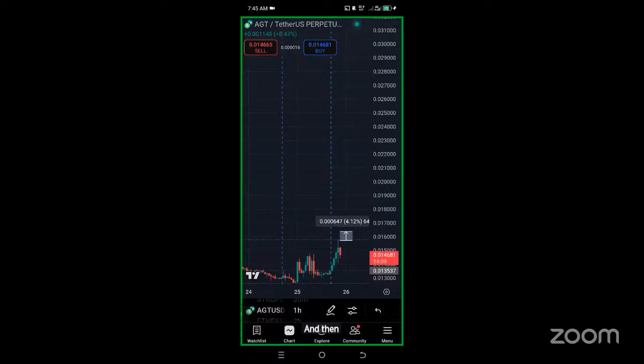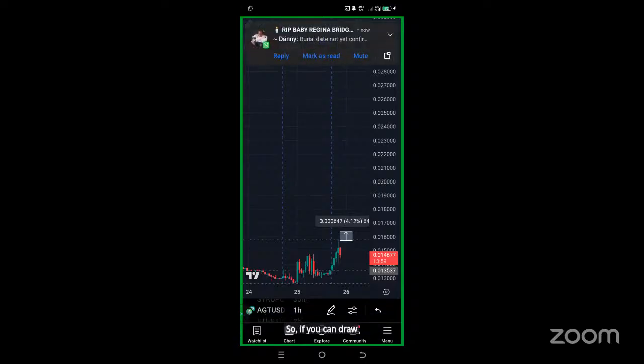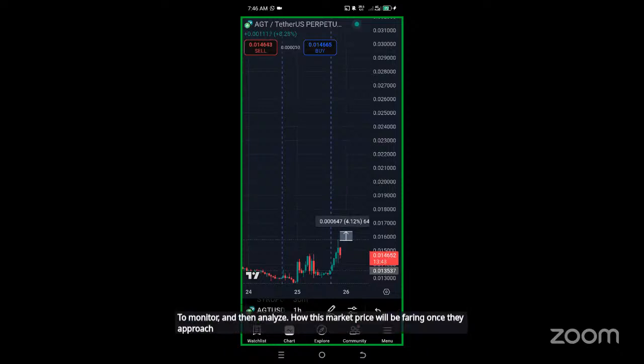And then we try to have a picture of what the most likely future price movement will be like. So if you can capture that movement very correctly based on the previous performance, then it will be easier for you to monitor and analyze how this market price will be faring once they approach these lines that you have drawn.